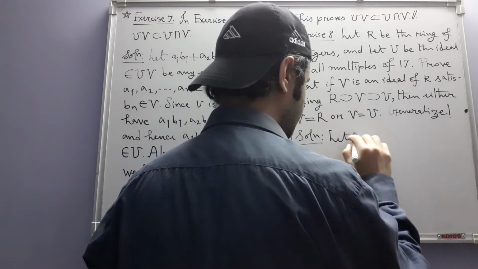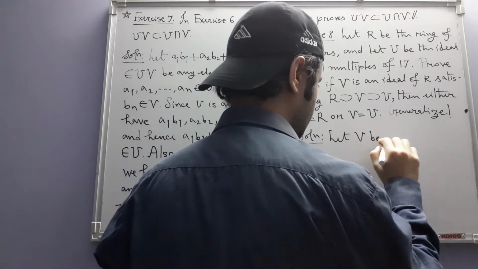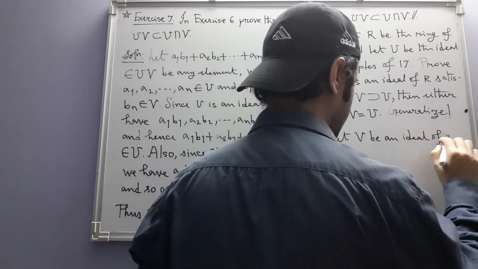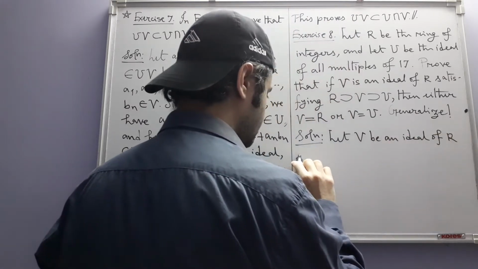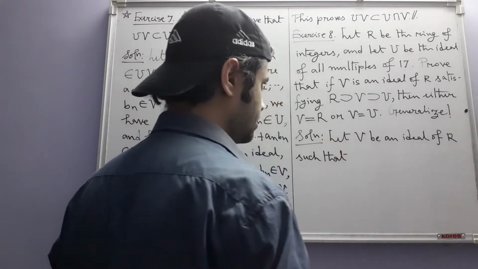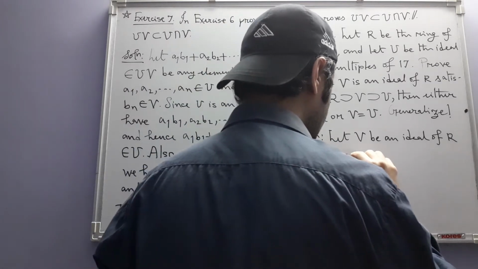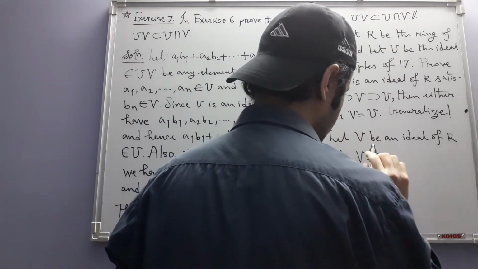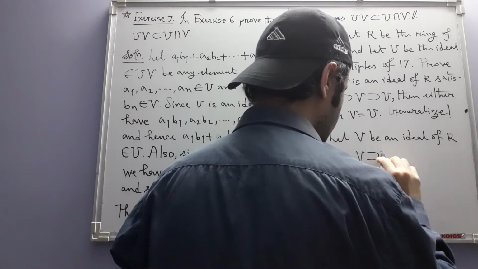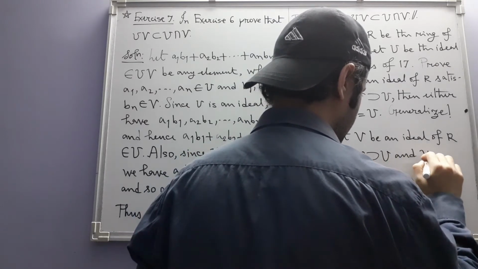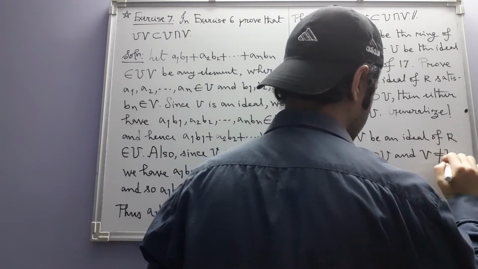Let V be an ideal of R such that V contains U and V is not equal to U.